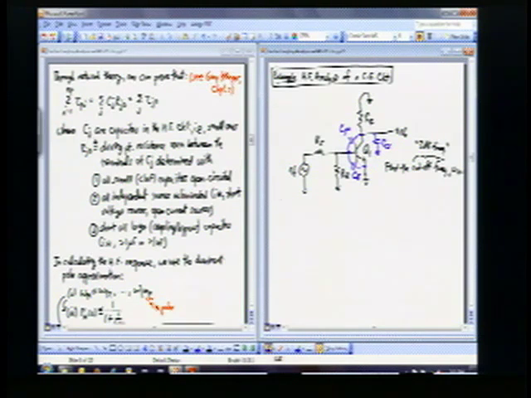Let's find tau 1. What do I mean by tau 1? Well, I'm going to label the nodes. I'm going to label that 1, and I'm going to label this node 2. Whenever I label nodes, I put a circle around it.